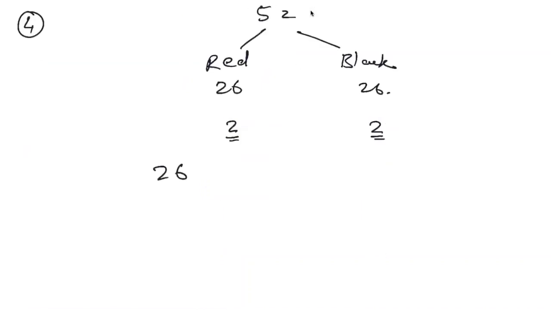So 26C2, 26C2, for the 2 black and 2 red cards, right?